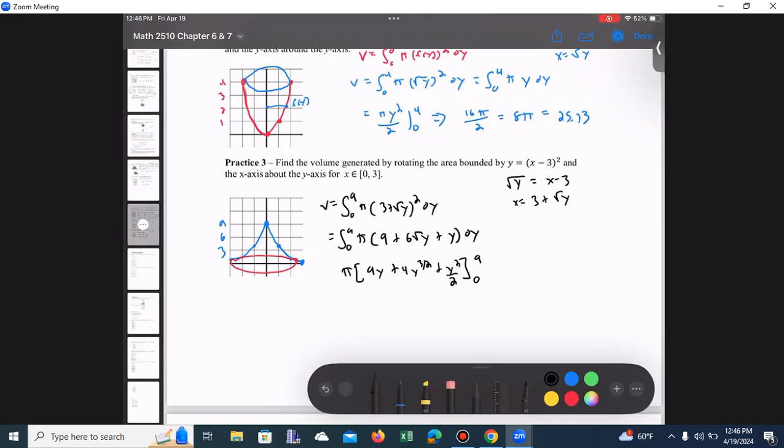So 0 is going to make all that 0. We'll have pi, when we plug in 9, we'll get 81, plus, let's see, 4 times square root of 9 is 3, and 3 cubed is 27, plus 81 over 2.